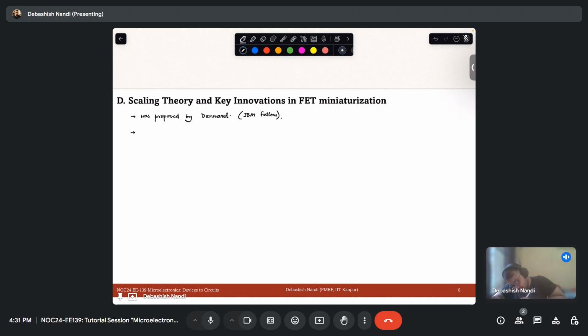One we call constant field scaling. Second we call constant voltage scaling, and the one which prevailed was hybrid scaling, that is a combination of these two.